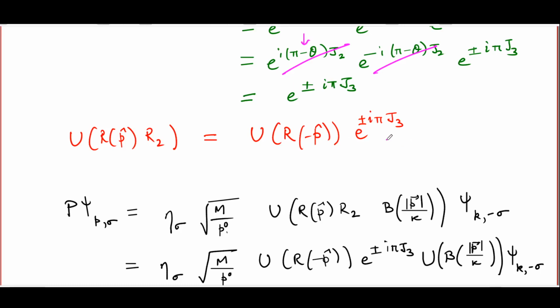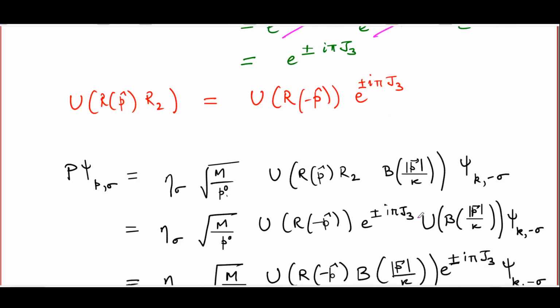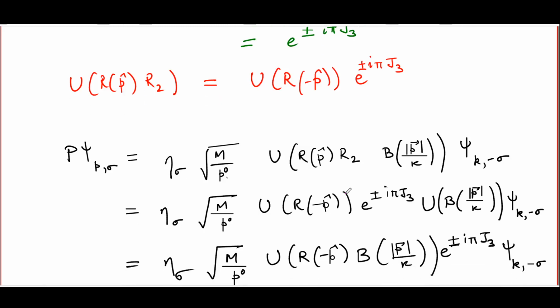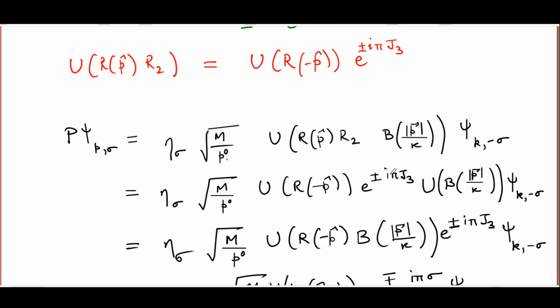And now notice the fact that this rotation about the 3-axis changes only the x and y coordinates, whereas the boost changes only the t and the z. So they commute with each other. So you can safely move the e^(±iπJ3) right across the boost operator, bring it here.